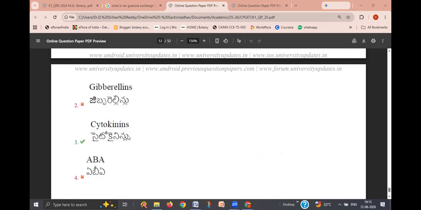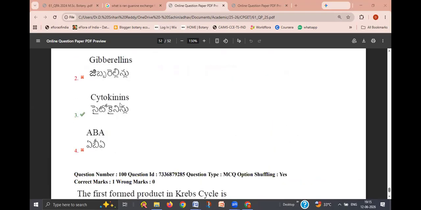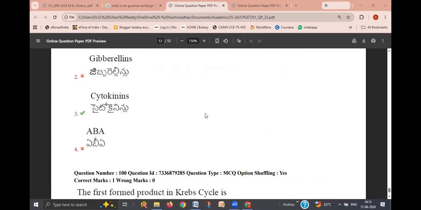And the cytokinins are mainly involved in cell division. So the right answer, the hormones useful for cell division: cytokinins is the right answer.